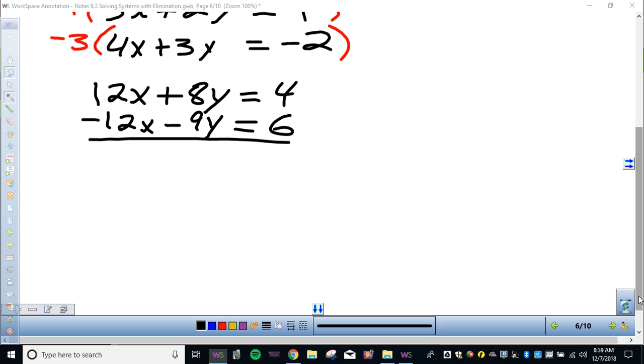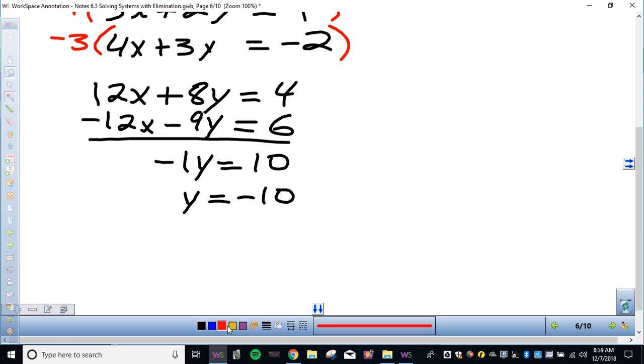What do I get for y? -1. So -1y equals 10. So if negative y equals 10, positive y equals -10. You can get that by just simply multiplying both sides by -1. So now y equals -10.